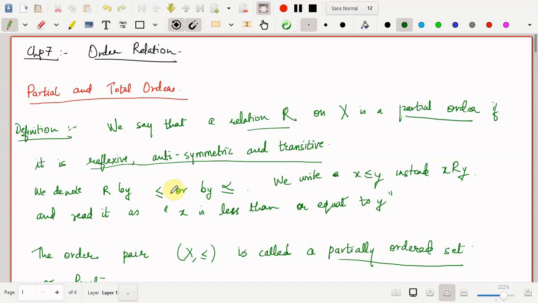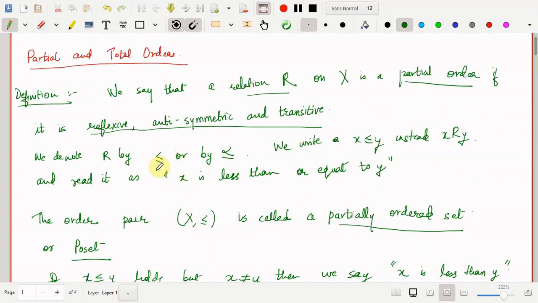Now, most often it is denoted with this notation. This is not the standard, this may not always be the standard less than or equal to notation. Okay, although that's the notation that we use to denote a partial order relation, just like to denote the equivalence relation we use tilde.